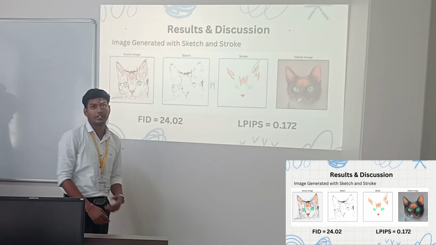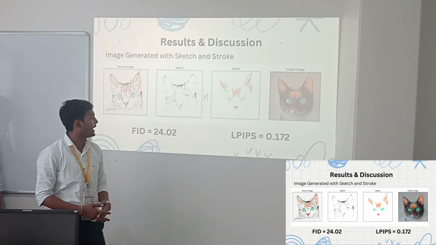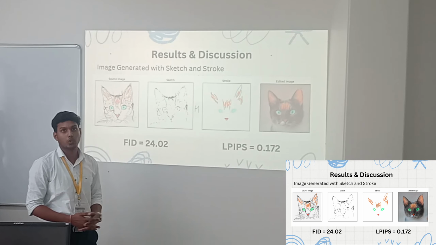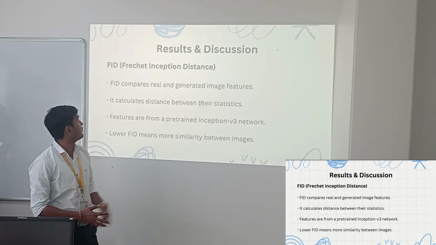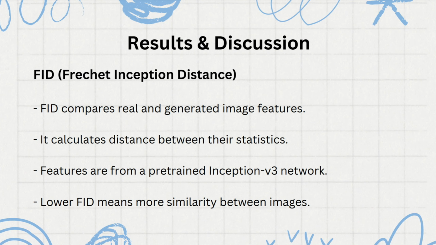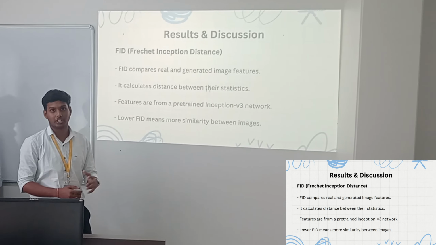We have calculated the quality of the image based on two parameters, FID and LPIPS. The FID score is 24.02 and the LPIPS score is 0.172. FID stands for Fréchet Inception Distance. FID measures the similarity between two sets of images, real and generated, by comparing their feature representations.